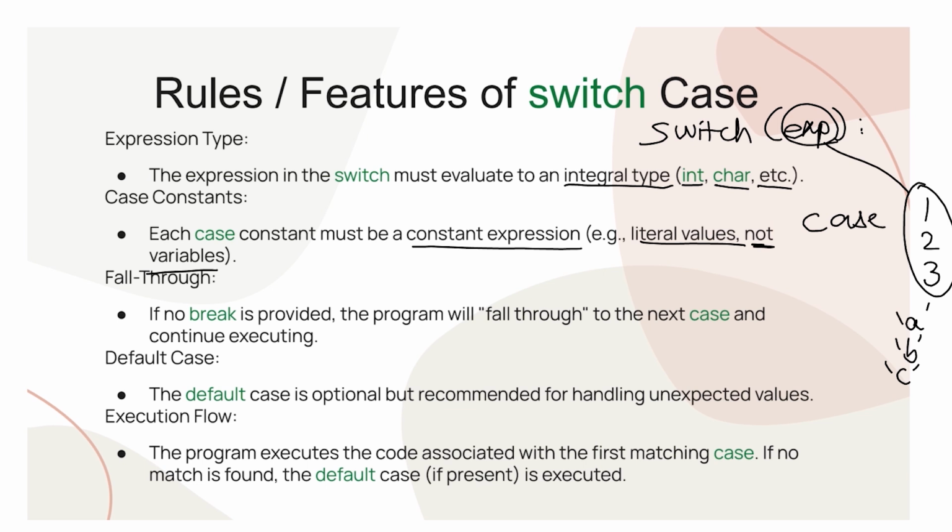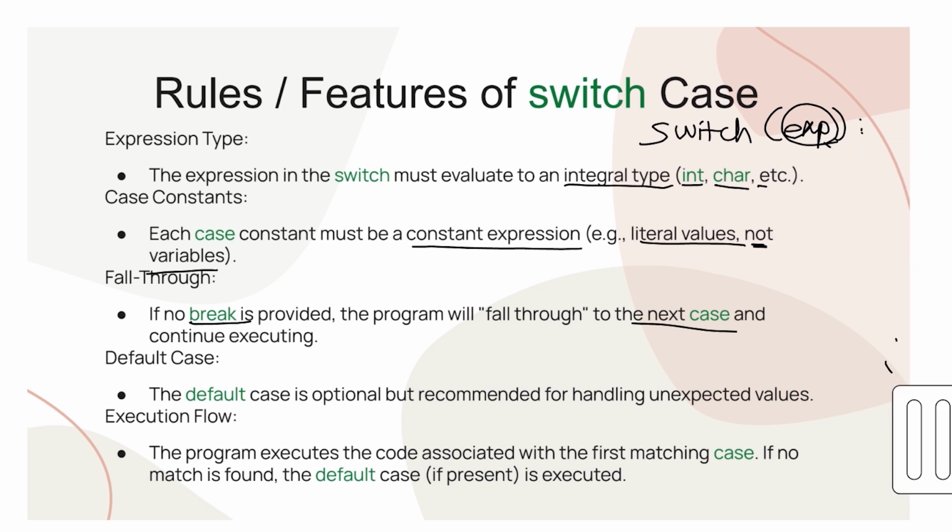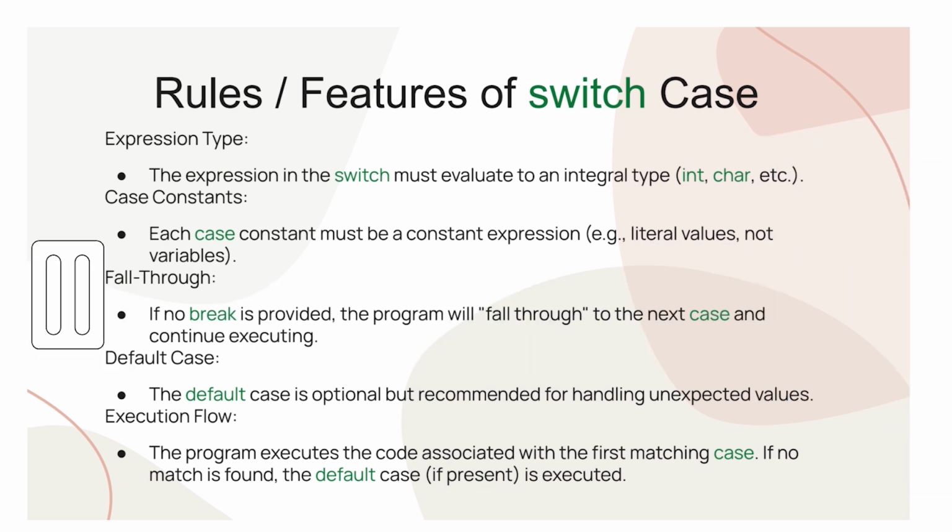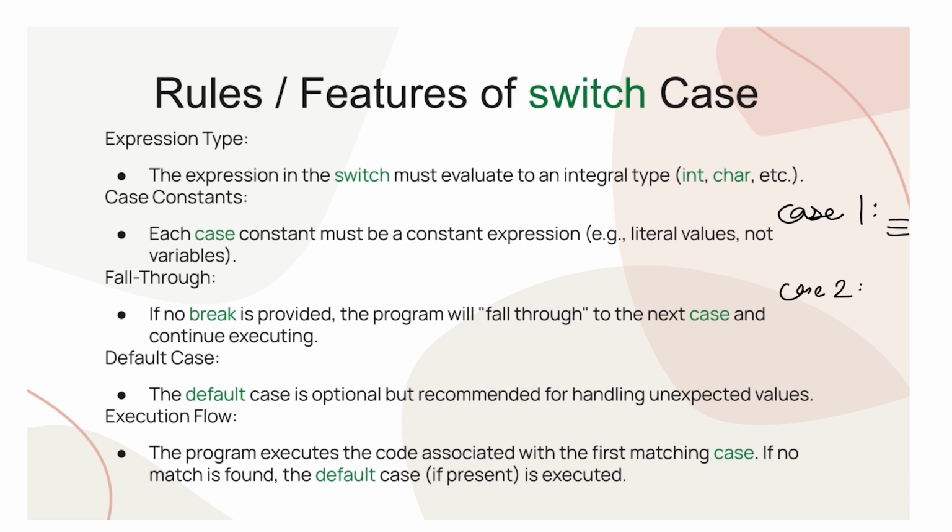Fall through: if no break is provided, it will jump to the next case. Let's see a simple example here. If you have written a case 1, you are writing some piece of code and directly writing case 2, and again writing some piece of code, and let us say the switch is evaluated to case 1, it is jumping to case 1, executing its block, but here the break keyword is missing.